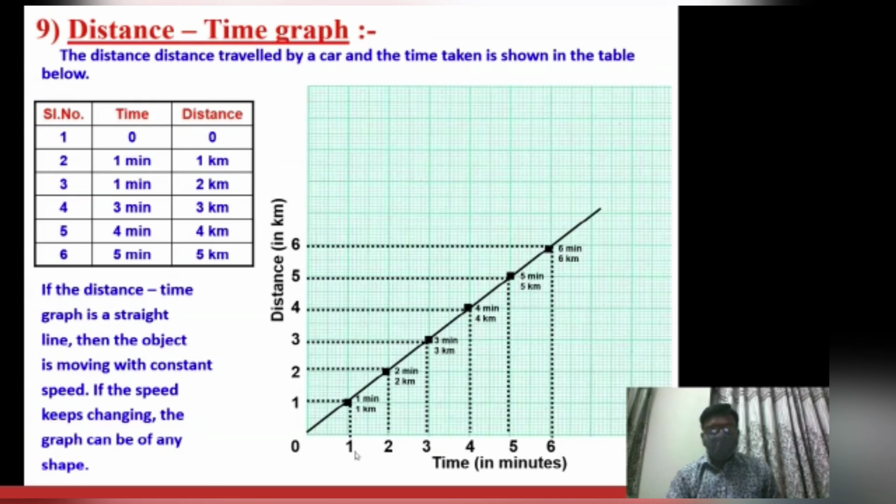In 1 minute, 1 kilometer; 2 minutes, 2 kilometers; 3 minutes, 3 kilometers; like this, 4, 5, 6, 7, 8. When we join the points, we get a straight line. So we will immediately say that this object is moving with constant speed. But if the speed is changing, the graph can be of any shape.